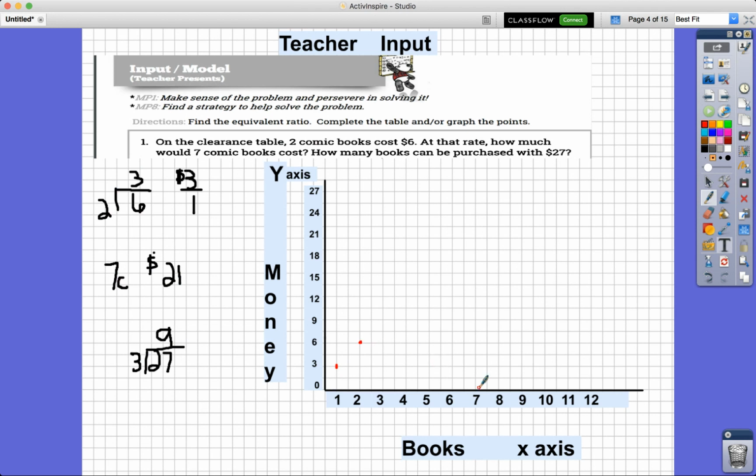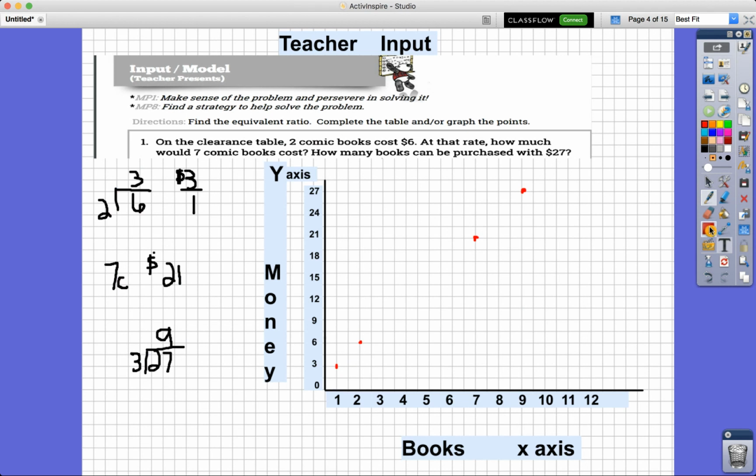The next one I have is 7 books. Make sure I stay on the right line. $21. And when I buy 9 books, I'm paying $27.